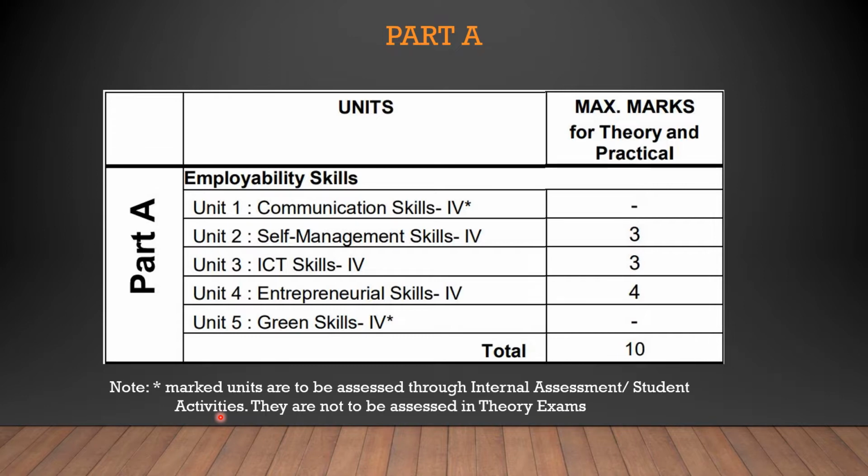So these units which are star marked will not be asked in your board exam, but they can be asked in the internal assessment like unit test or any other activity. The units which will come in the board exam are unit 2, unit 3 and unit 4, and their marks weightage are given here. So the total of employability skills is 10 marks.